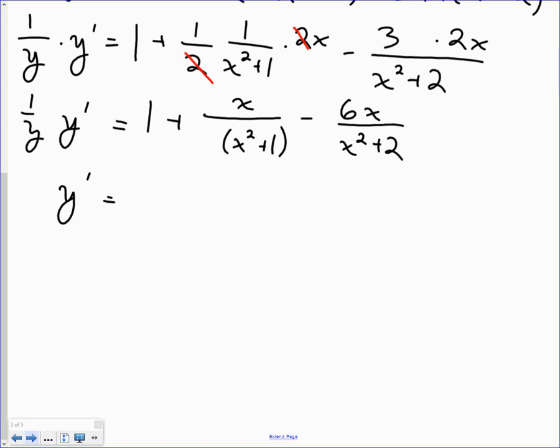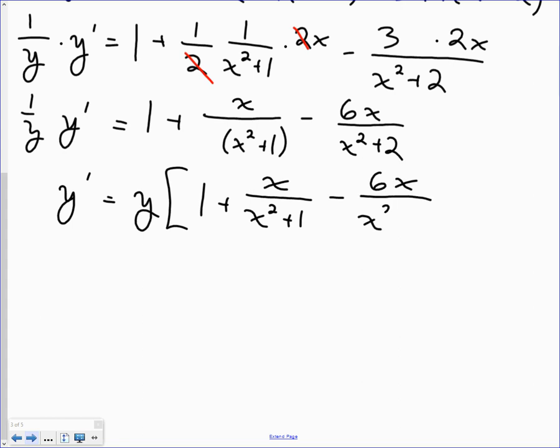So, solve for y prime, we're just going to multiply both sides by y. And I'll just put this whole thing here in square brackets. X squared plus 2. Okay. Now, we could leave it like that, or we could put in explicitly what that function of y represents.